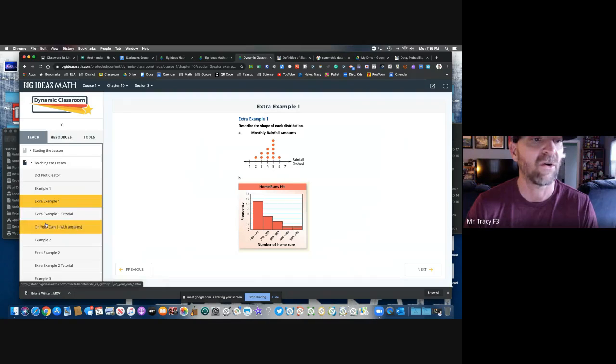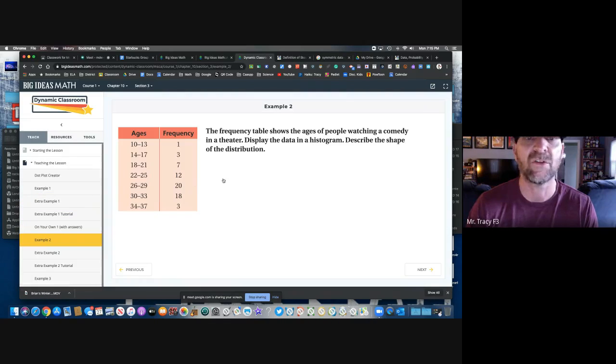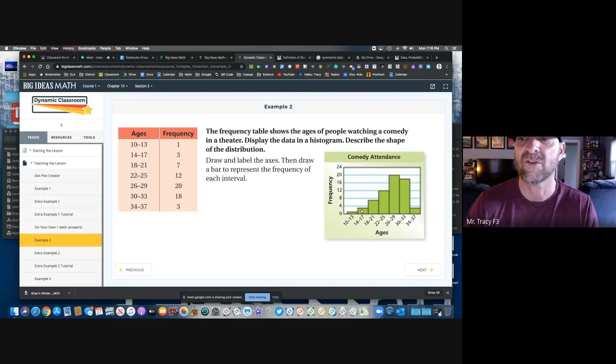Okay, so let's go to example 2. They call these frequency tables. It shows the ages of people watching a comedy in a theater. So for the ages 10 to 13, there's 1, 14 to 17, 3, and so on. When we look at the data, can you tell if it's going to be skewed left, skewed right, or symmetric?